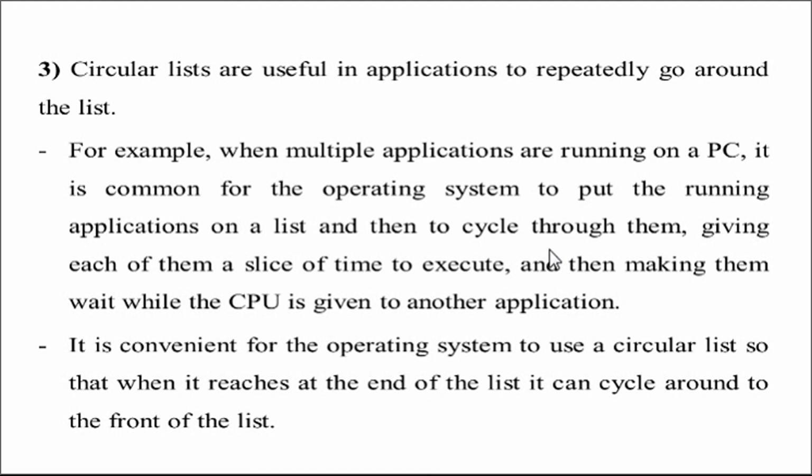When multiple applications are running on a PC, it is common for the operating system to put all running applications on a list and then one by one give a slice of CPU time to execute that application, making it wait while the CPU is given to another application. It is very useful to use a circular linked list, so that when we reach the end of the list, it again starts with the first job in the list for execution.